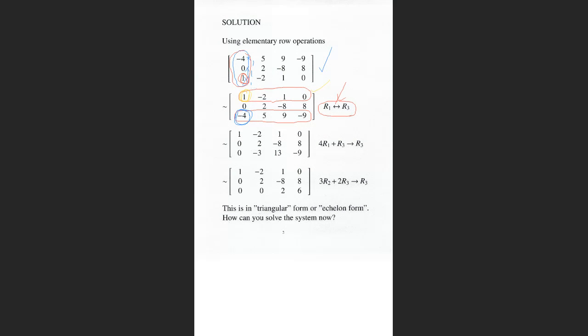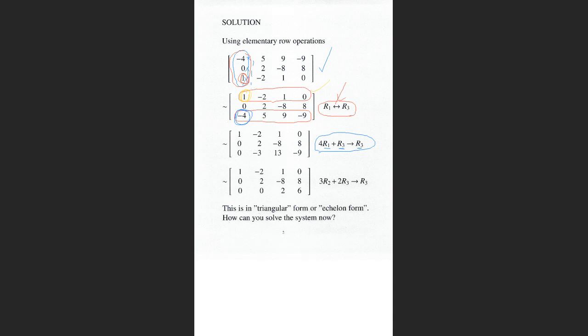So look here at the next step. What did we do? We took the first row, or the first equation, multiplied it by 4, and added it to the third row, or third equation. Now my third equation is 4 times row 1 plus row 3.